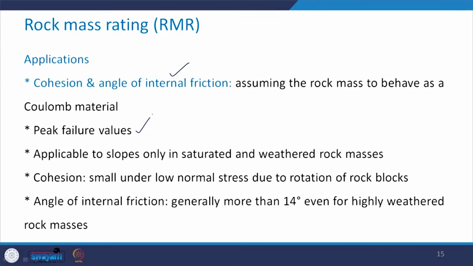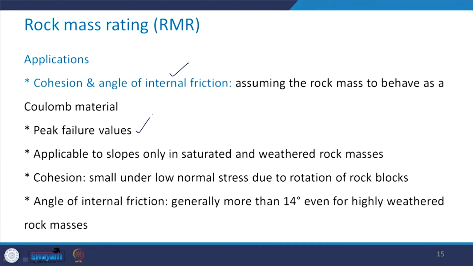The second application is that if we have the value of RMR, we can determine cohesion and angle of internal friction for that rock mass, where this assumption is inbuilt that the rock mass is following the Mohr-Coulomb failure criteria. This RMR will give us the peak failure values.